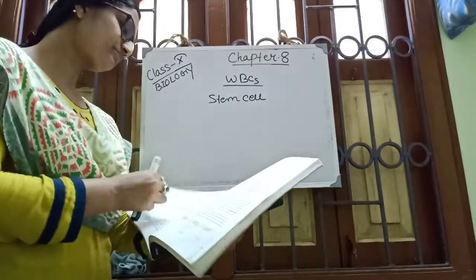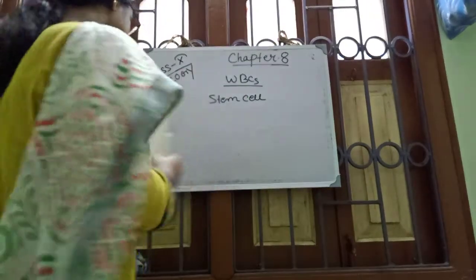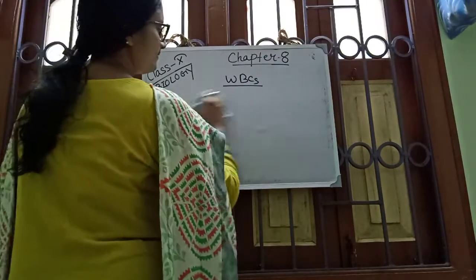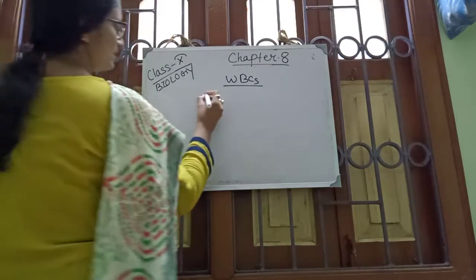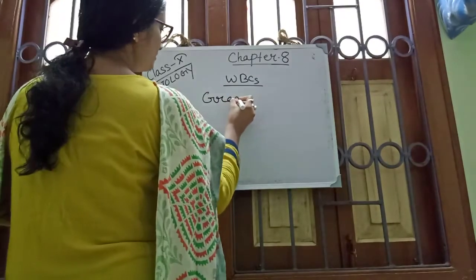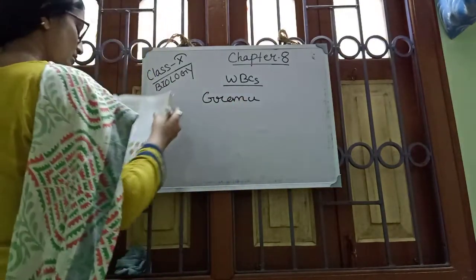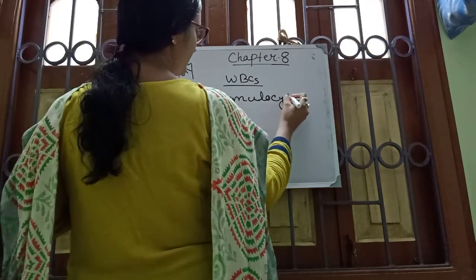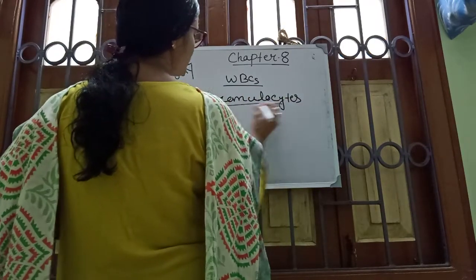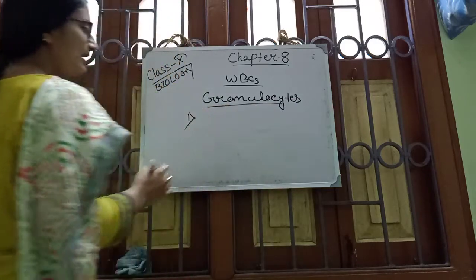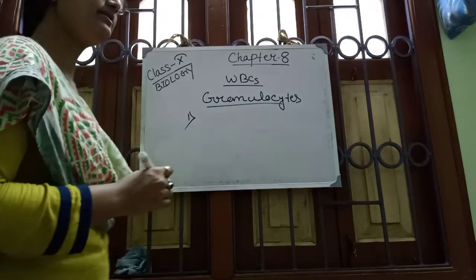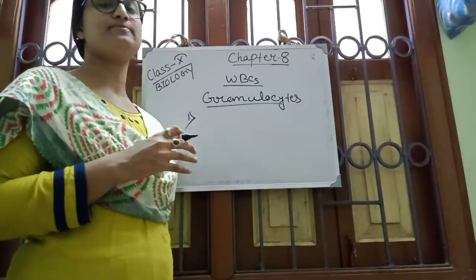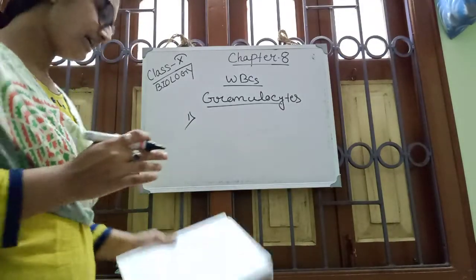First one, the granulocytes. Granulocytes means granules are present, small granules are present, so it's called granulocytes.